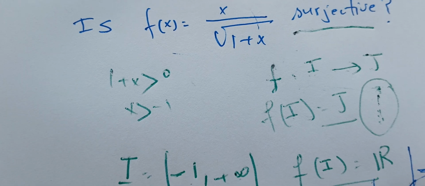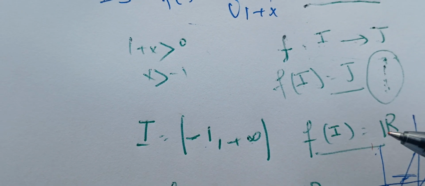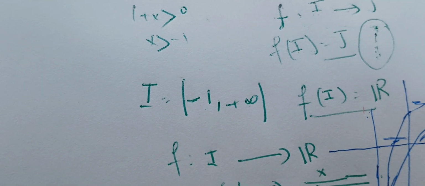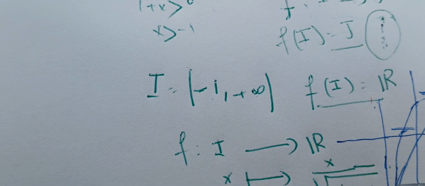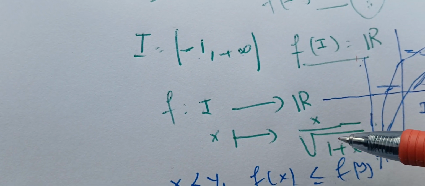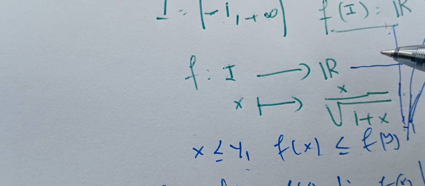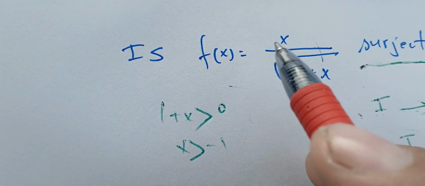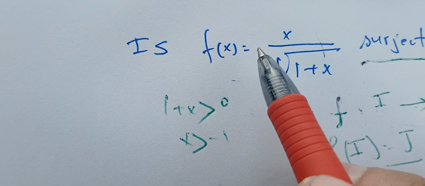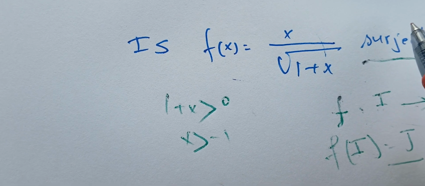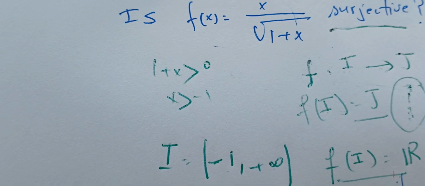We used a lot of heavy algebra, but nicely, in an algebraic manner, we proved that f is surjective. Therefore, the question is answered. Is f surjective? Yes, and we have proved it. Thank you very much.